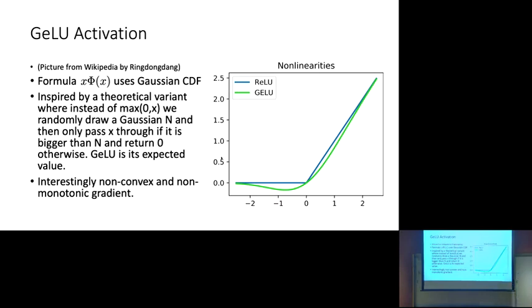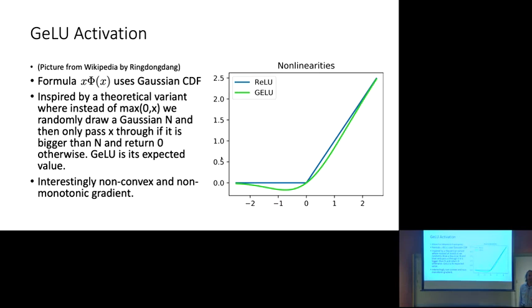So the inspiration for the Gaussian ReLU, the GeLU, is that you're asking, hey, in a ReLU you have this max of 0 and x, right? So what's so special about 0? Why did I pick 0? The max of 0 and something.